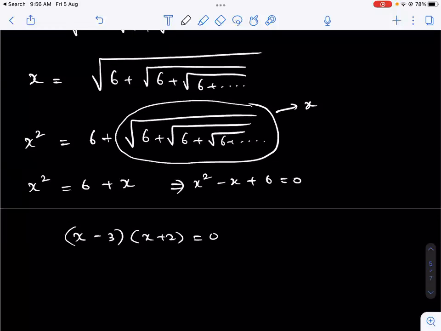So x will be how much? 3 or minus 2. So which one will be the right answer? Option B will be the right answer because the square root is going to give you a positive value. Or I can say it like the sum of all the positive numbers can't be negative.